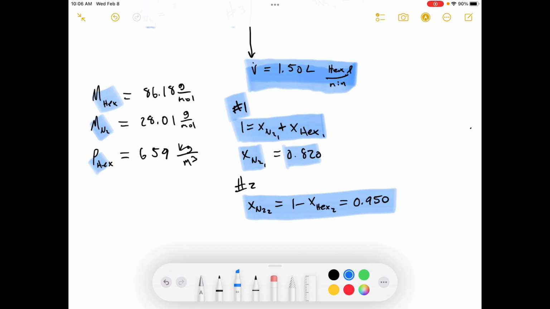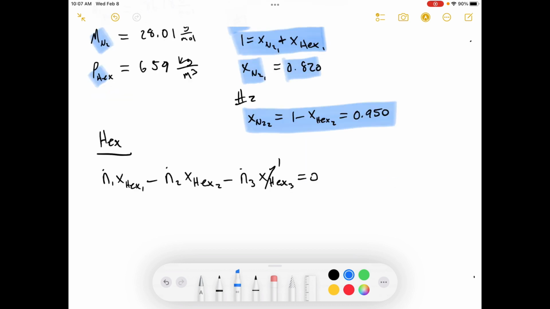Now it's time for us to do our material balances on hexane and nitrogen. All right, so here we've done our material balance for hexane. We have a certain amount of hexane going in, and then we have 2 streams where hexane is going out. So we have a minus sign, and we're getting hexane out from stream 2.